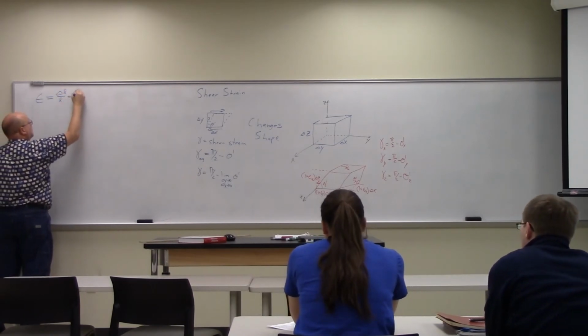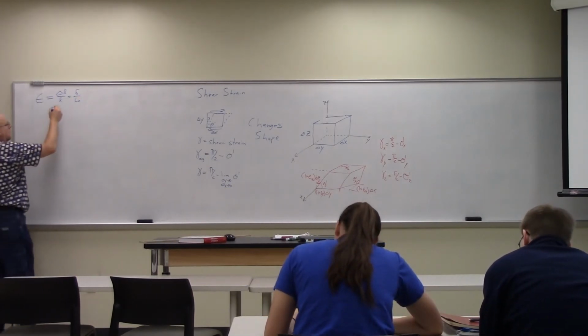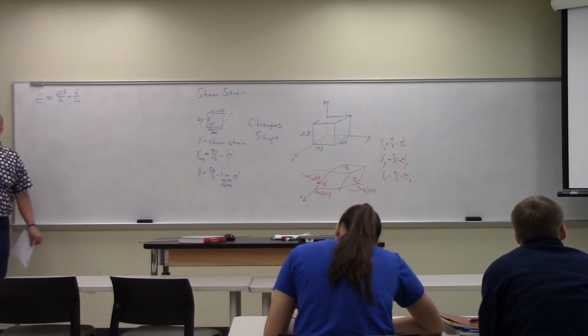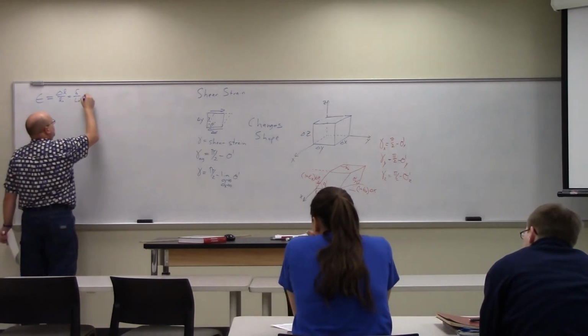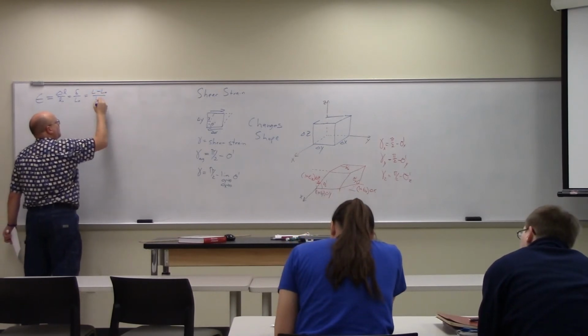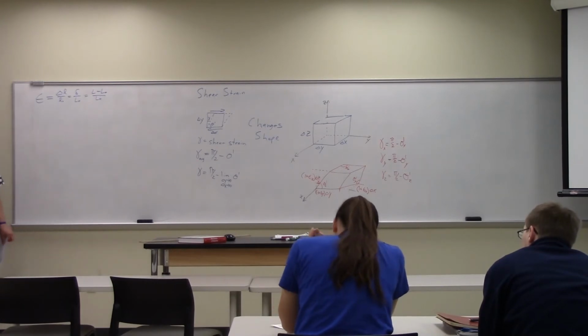In the book, they write it as delta over L naught, whichever way you want to look at it. The change in length over the length. Or, you could write it as L minus L naught divided by L naught. That's actually going to be the most convenient way to work with this problem.